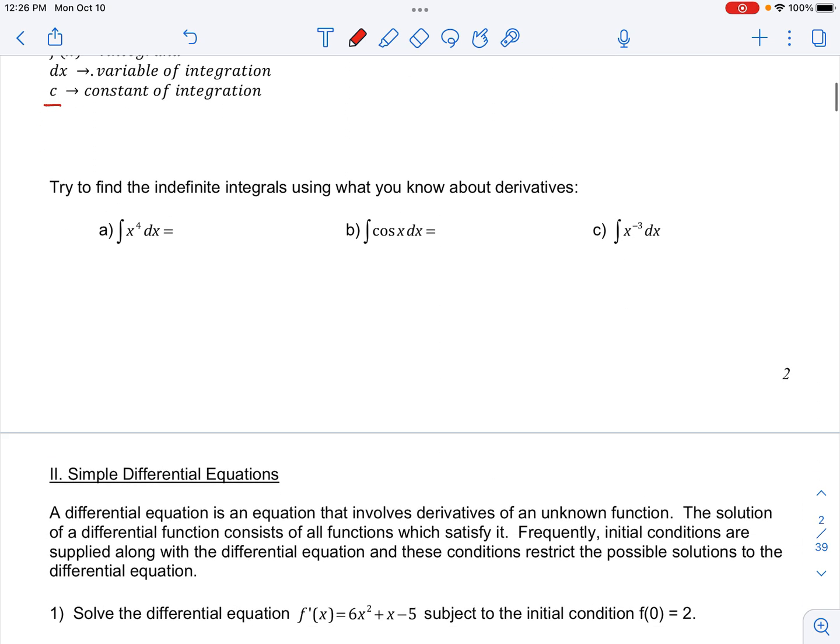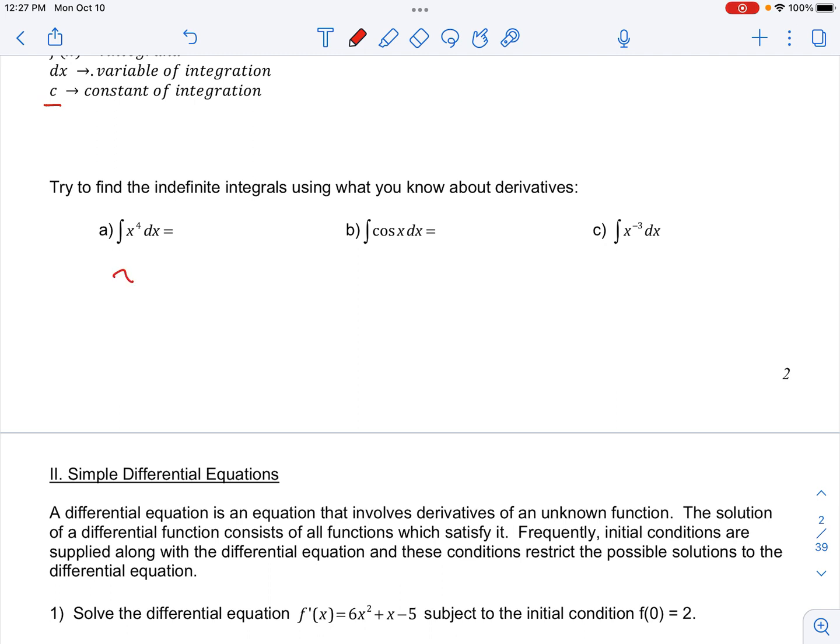So let's just try to see if we can come up with these three antiderivatives or indefinite integrals, thinking about what we know. Okay, so I want the antiderivative of x to the fourth. So when we took the derivative, basically we're just doing all the reverse processes. When we took the derivative, we bring the power down and reduce the power by 1.